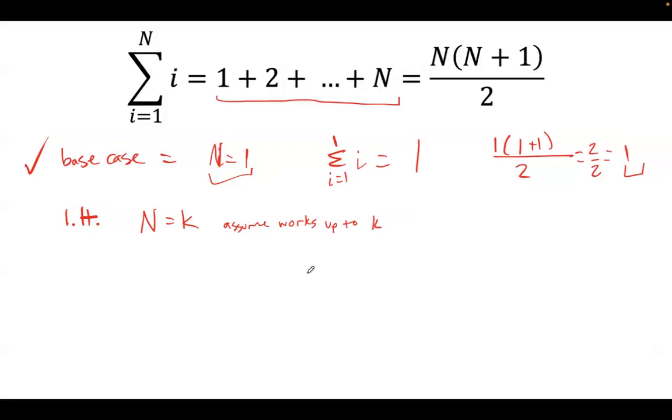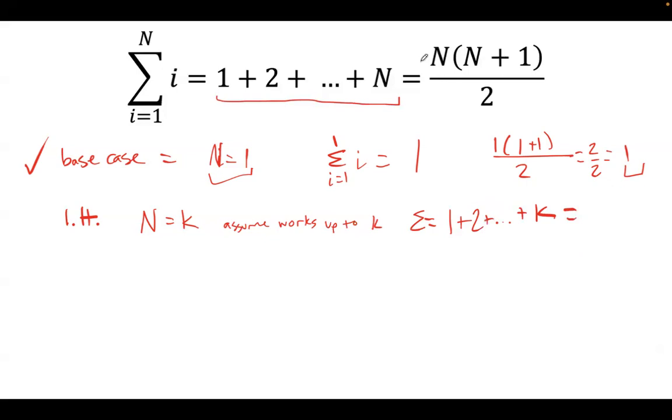So this is the process of proving things, where we have some assumption, and then we try and figure out, okay, what does that mean? How do we use what we've assumed to get us to the end point? So when we look at this, we're going up to k, and so we can write this sum out as 1 plus 2 plus 3 plus 4 plus whatever, all the way up to k, because we've assumed that it works.